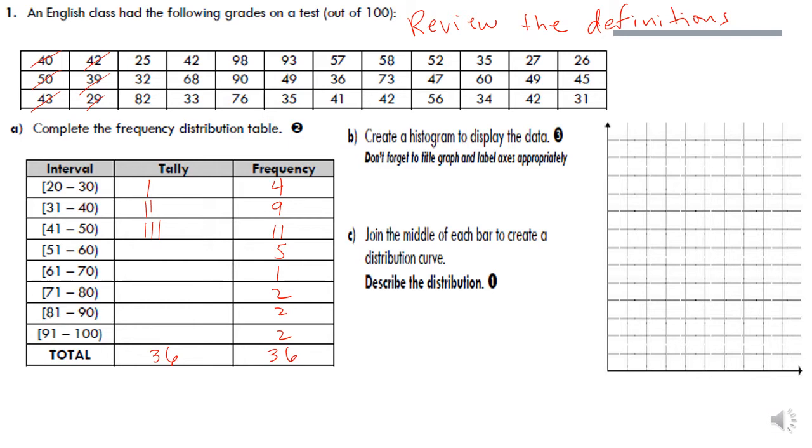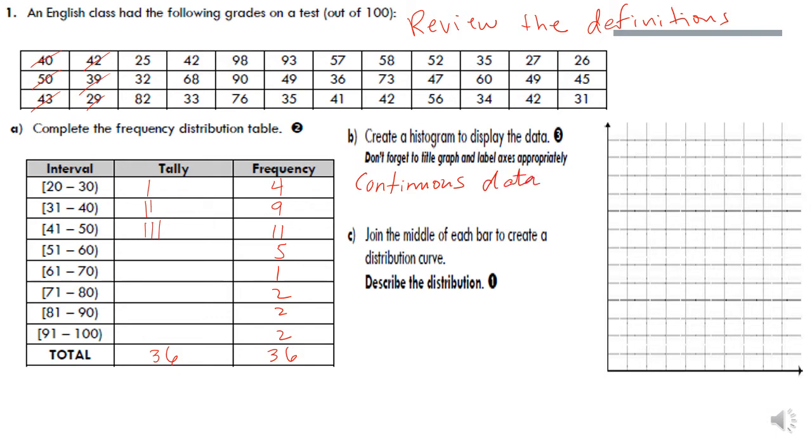Create a histogram. So we're going to do that on the right. Don't forget to title the graph and label your axes appropriately. One thing that's not on here that I just want to include, why should you use a histogram for this? You should use a histogram because it's continuous data.